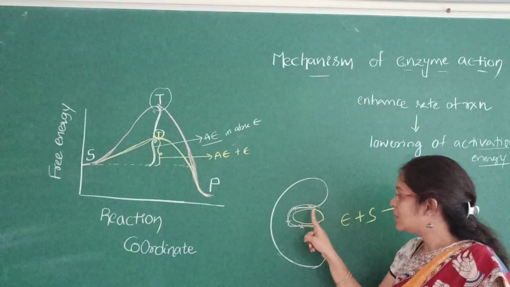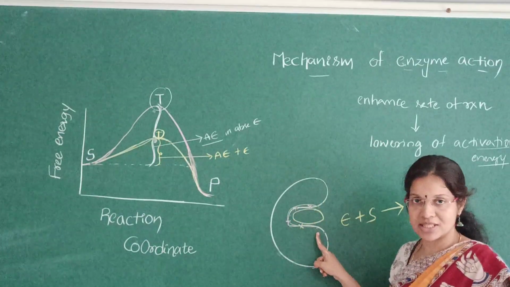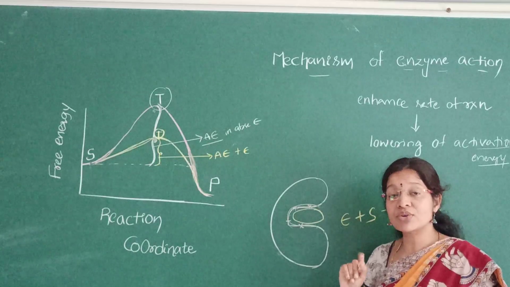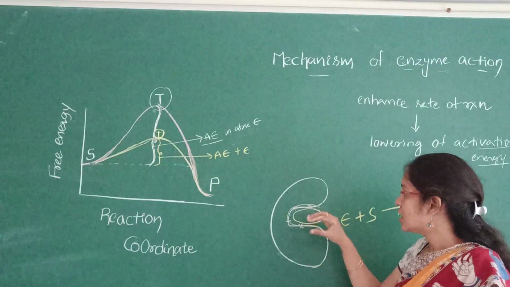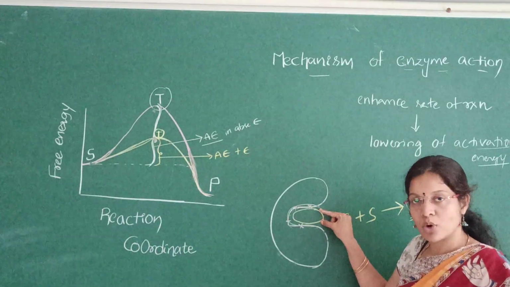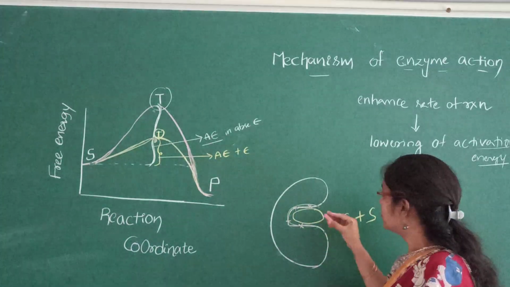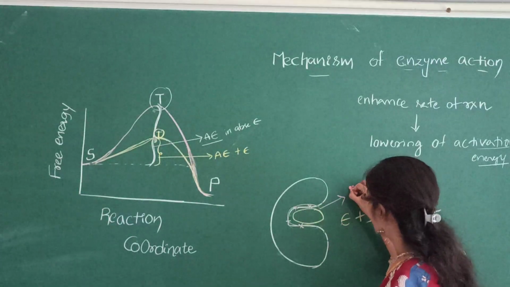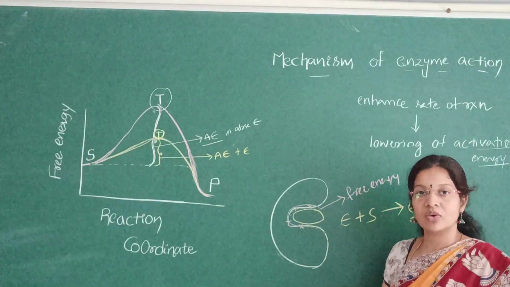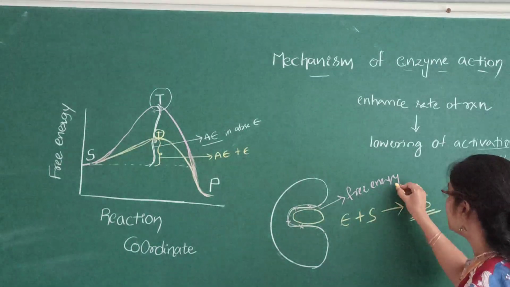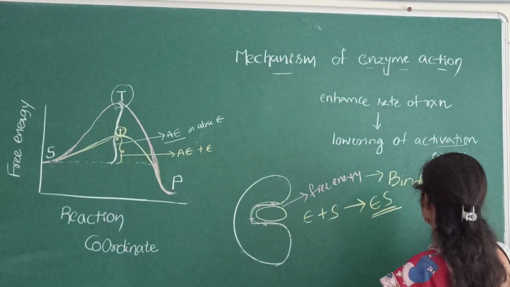Such interactions between the substrate and the amino acids in the active site of the enzyme will result in the production of small amounts of free energy. I repeat, the interaction between the substrate molecule and the amino acids in the active site will result in the production of small amounts of free energy, which is referred to as binding energy.